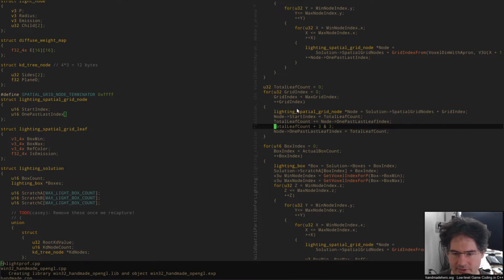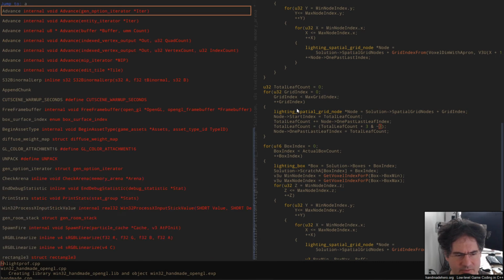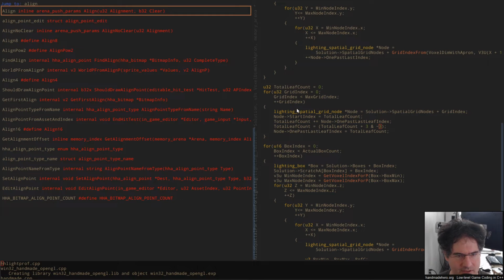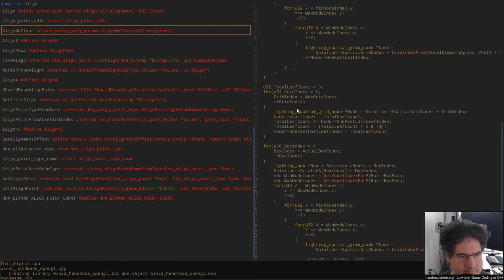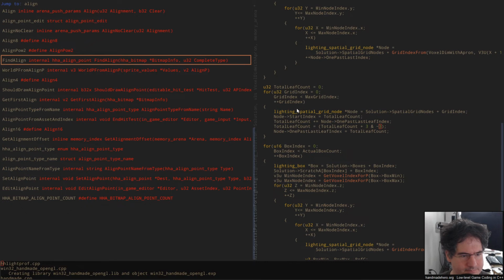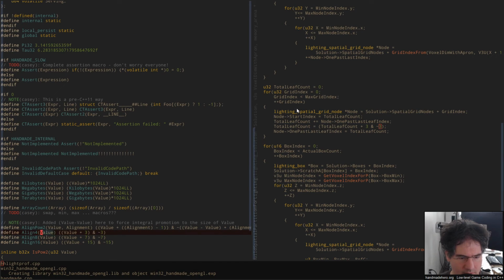Or, and 3, I should say. So, sorry, and not 3. So we want to take and say, look, we want this to be padded to 4. And I don't know if we have an align for that. We do.